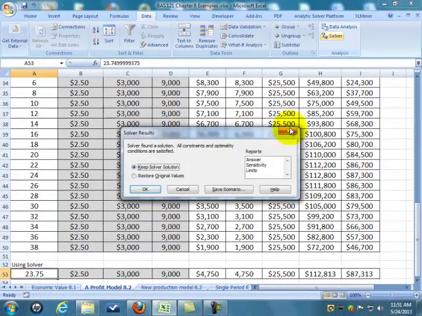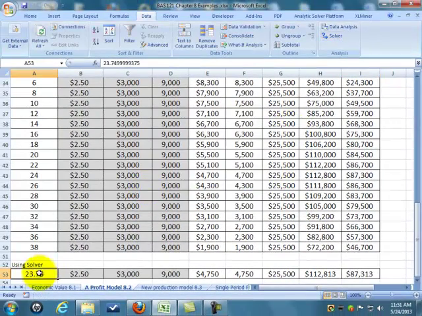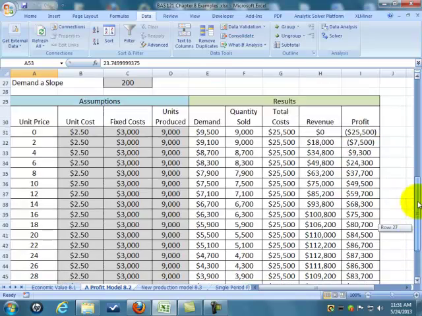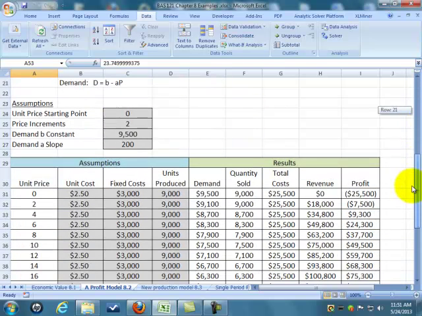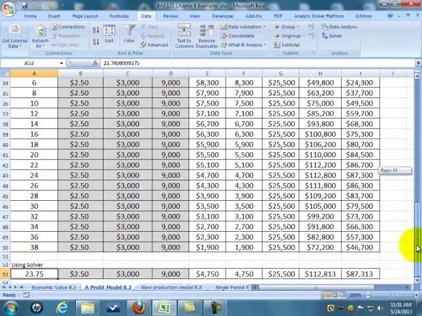And we said solve, and it said okay, and we learned that $23.75 is the optimal price for us to charge to maximize our earnings. So here's a very powerful profit model. You could use it for several scenarios. We've set it up. You've got the Excel spreadsheet. Go ahead, play around, adjust it as need be.